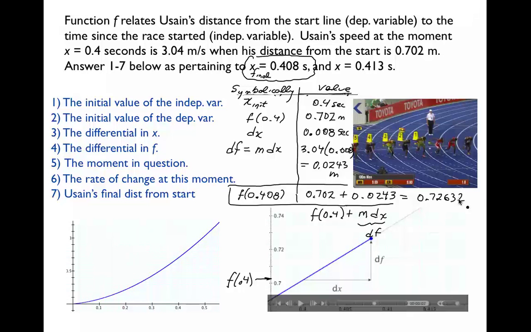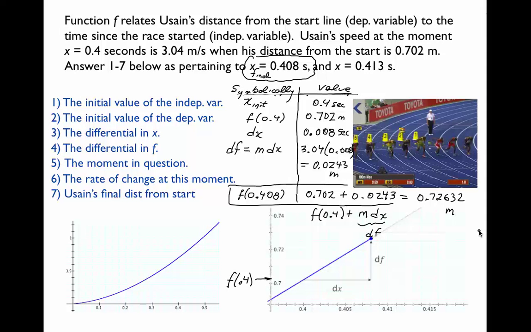I think that's right. And what's the units on that? Distance from the start? Yes. This was the final value of the dependent variable. This is distance from the start at 0.408 seconds.